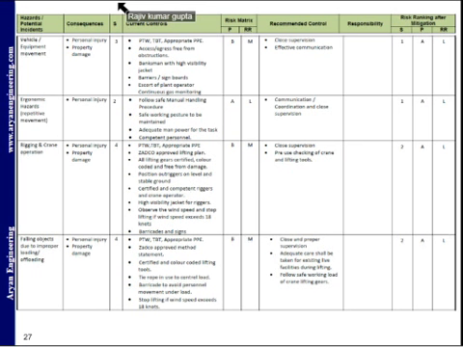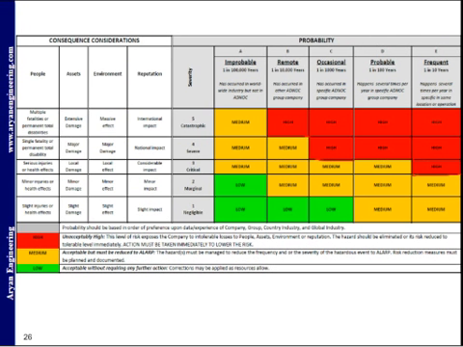Here we say what are the probability or what are the impacts, based on the risk managers. If we can go again to the previous slide, there are the probabilities.